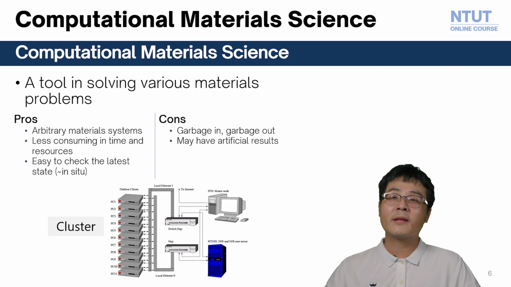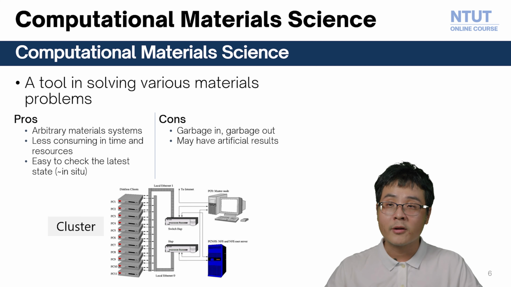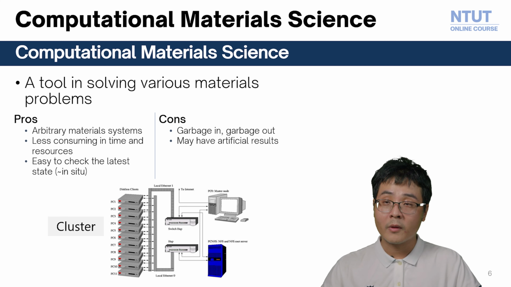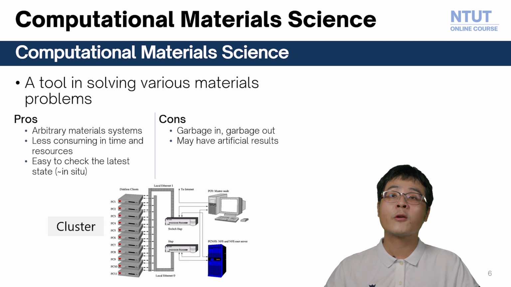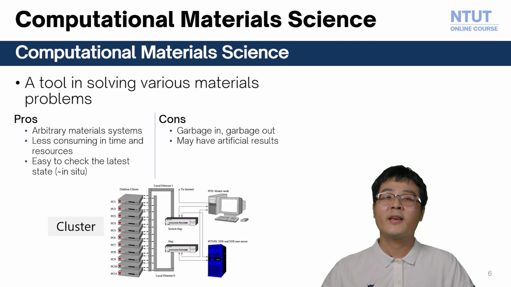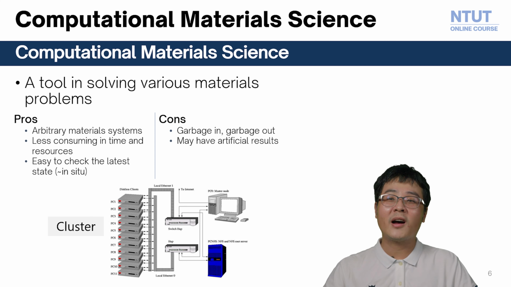And it is quite easy to check the latest state by viewing the log file during the work of computational material science. But the disadvantage of computational material science, just like in computer science, is that we have to make sure our input data is good enough.